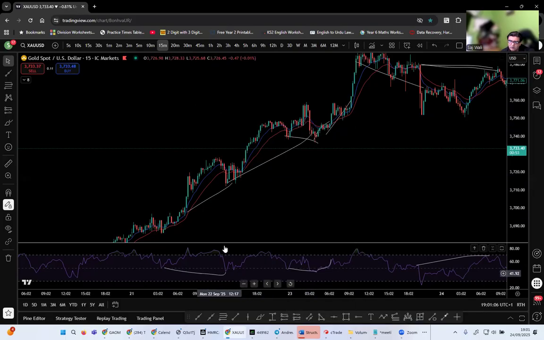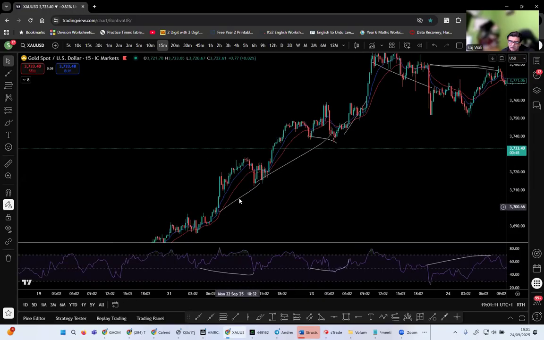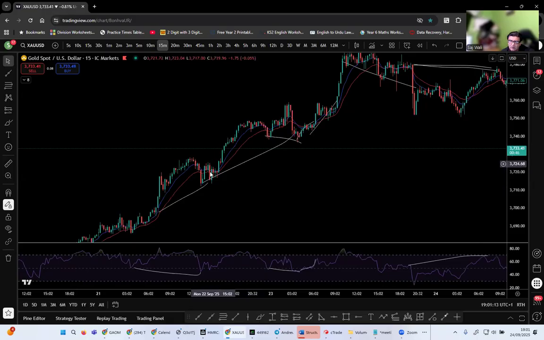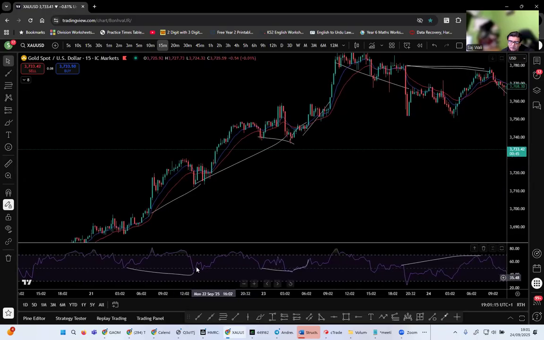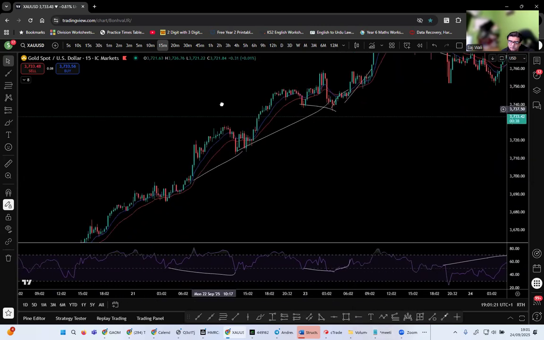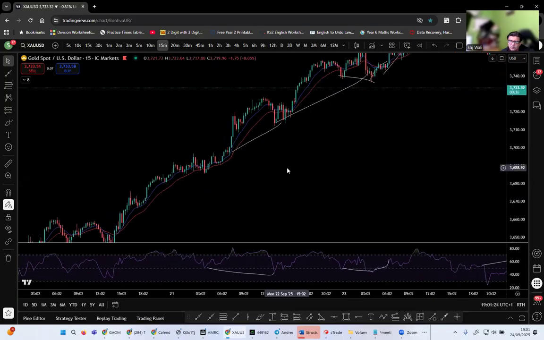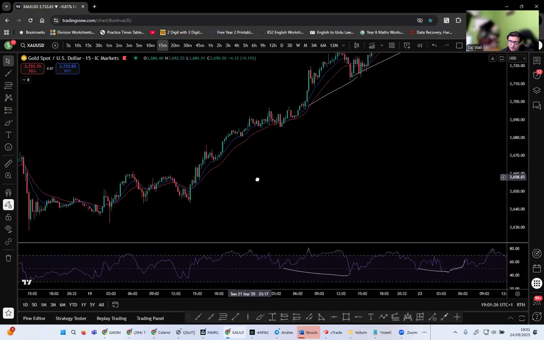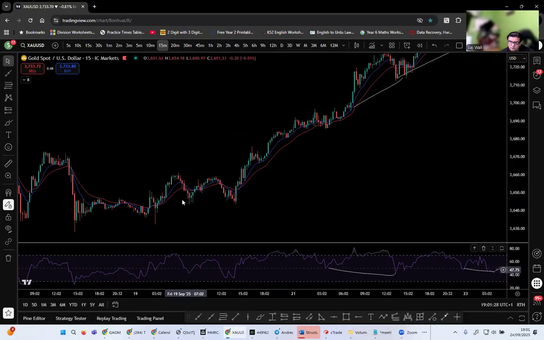So this is another example. Although there is no crossover, RSI is above 50, in the direction of the trend. There are so many examples, on and on we can go. This is another example.